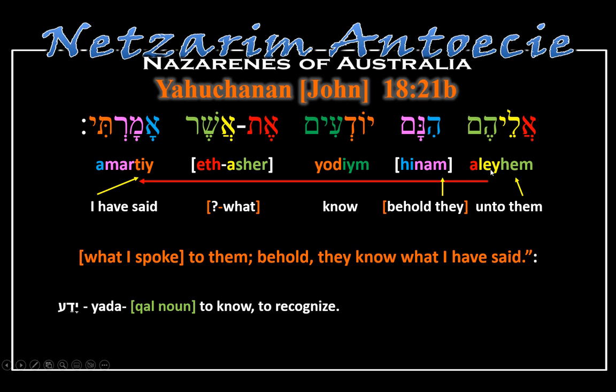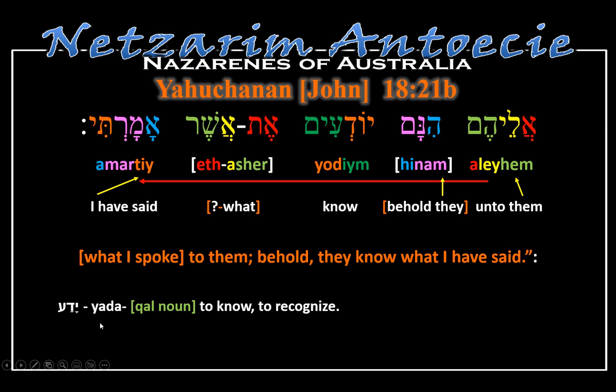Alehem, meaning unto them. Right? And then hinam, well, we know that hine means behold, so the he is dropped off the end, and the mem sofit is them or they. So behold, they, yod'im, know. And why do we say know?